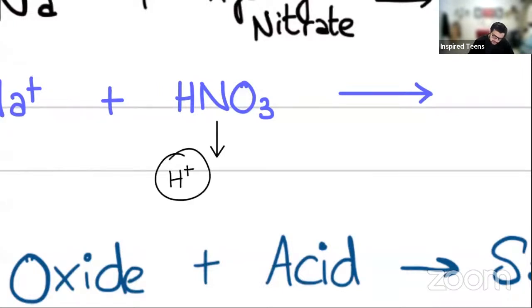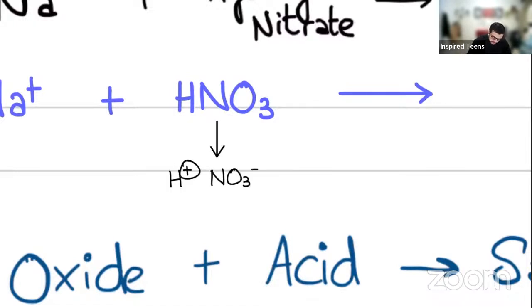How do we know that hydrogen has a 1 plus charge? We get that from the periodic table. The group number gives us the charge of the ion of that specific element. How do we know the charge of NO3? That's from the polyatomic ion table. It's actually NO3 minus.